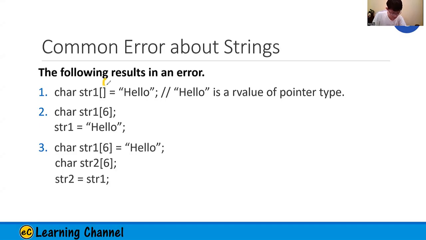This one you must put a 6 over there. You will return a pointer type. It accepts an array, but it doesn't accept a string. So this is okay. This is okay. But this is not okay.